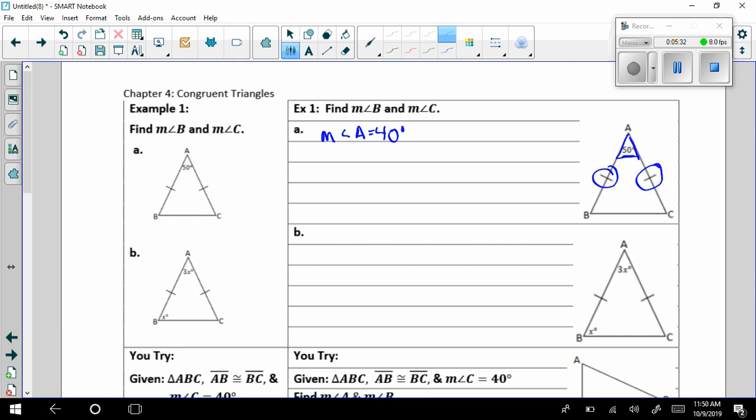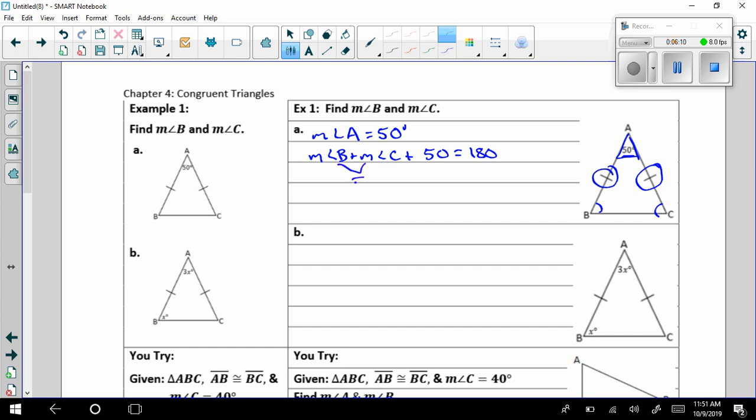We know that, oh, sorry, I'm looking at the wrong one. The measure of angle A is 50 degrees. All right, and we know that angle B and angle C are the same measure. Okay, so we know the measure of angle B plus the measure of angle C plus 50, or the measure of angle A, is 180. Okay.